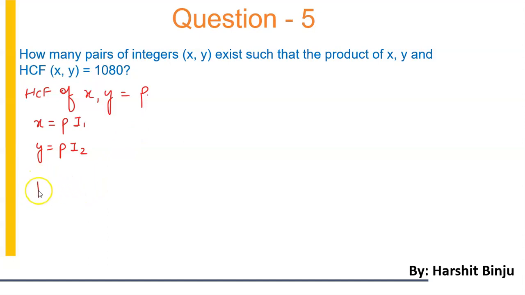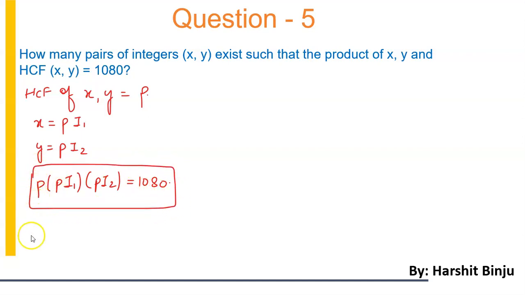So I can say that p into pI1 into pI2 is basically 1080. Or in short, p cube I1 I2 is equal to 1080.